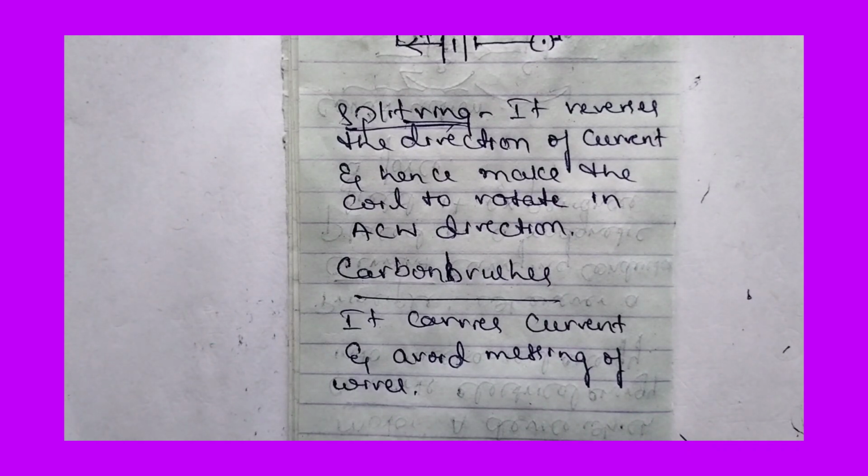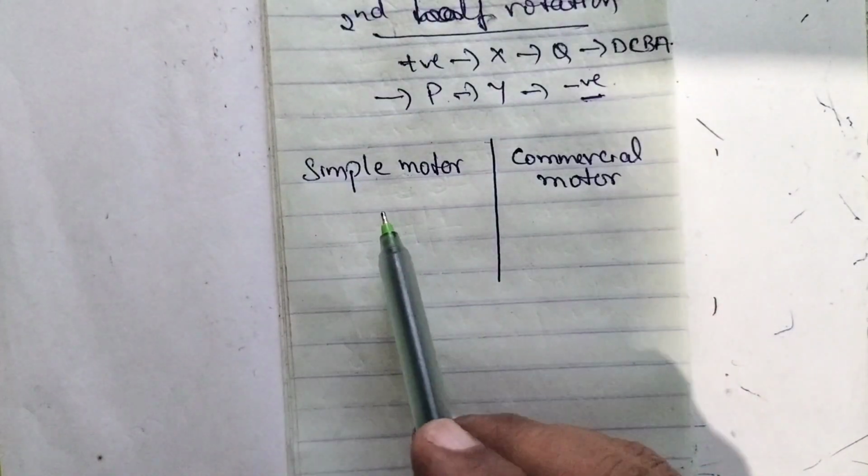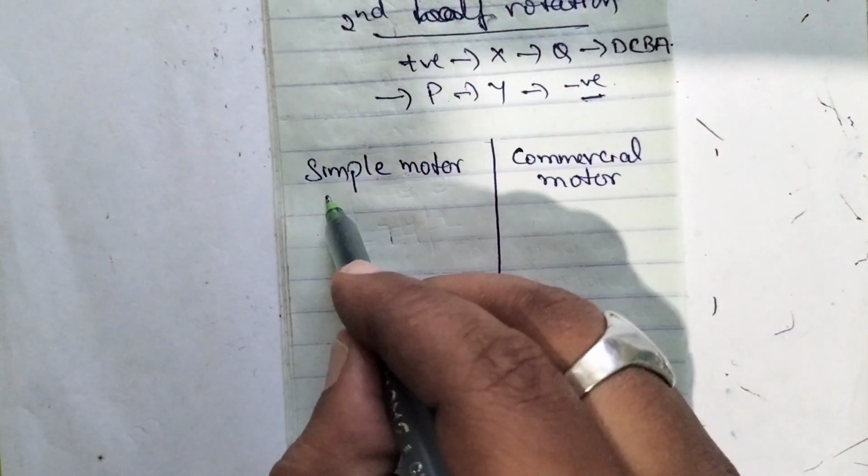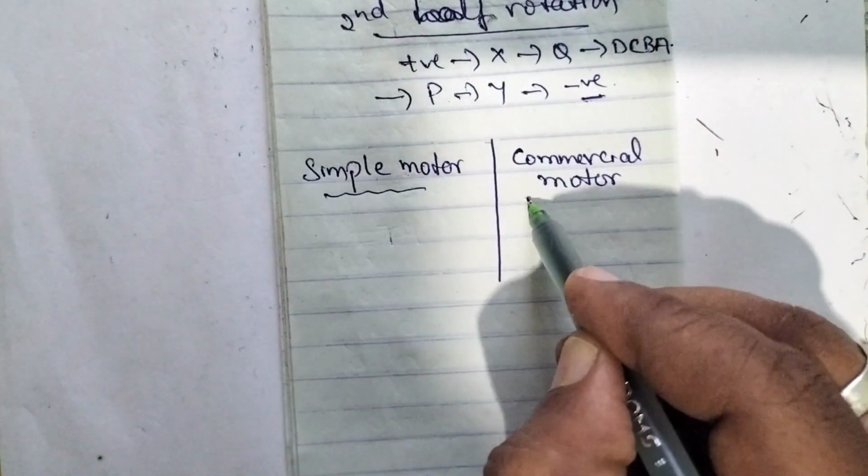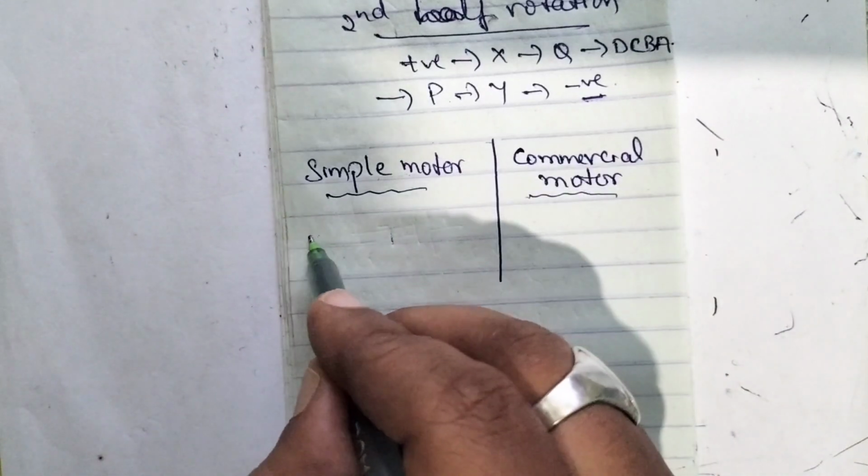So this is what we have to study under electric motor, and along with that we have to know the differences between simple motor and commercial motor. So let us study the differences next.